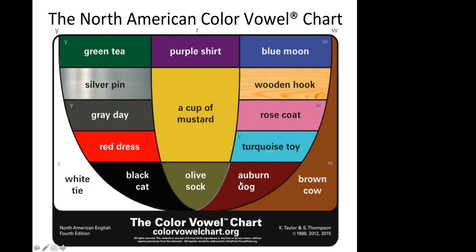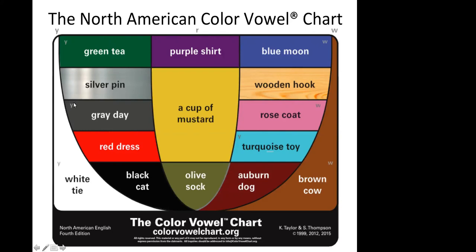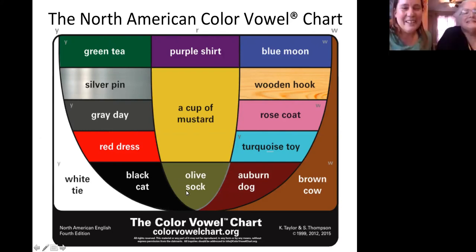I always struggle when I use the American one, right down there, the lower back. Sock, right? So, olive sock. Is this you, Cynthia? Great. So Auburn and Dog, for me, are totally different. So we'll find a new solution for that.